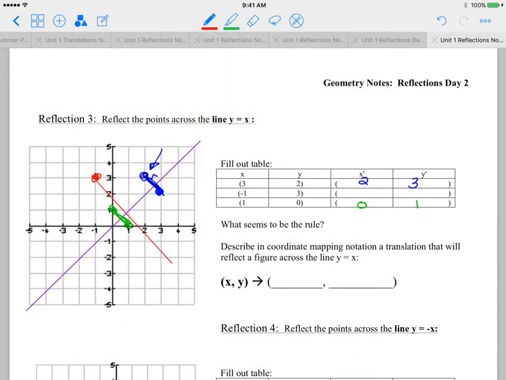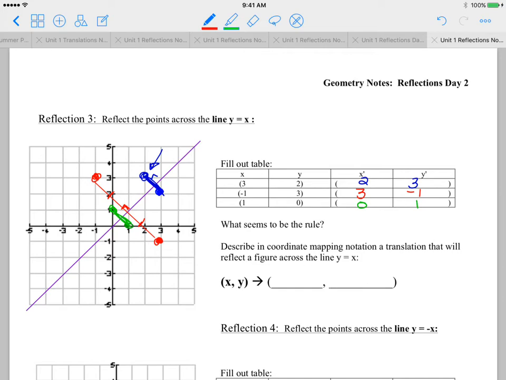My guess is about right there. And it's going to end up right about here, which has to be equidistant. It's got to cross at 90 degrees. That's why it's perpendicular. So I'm going to say 3, -1.